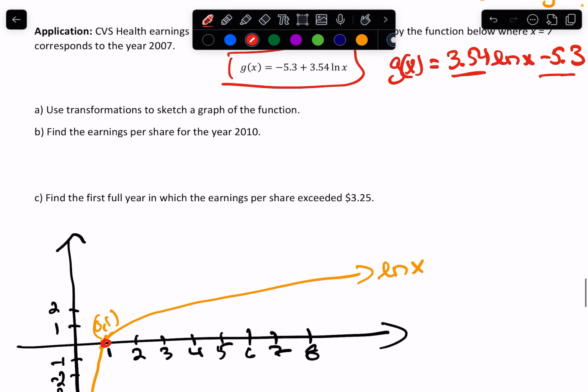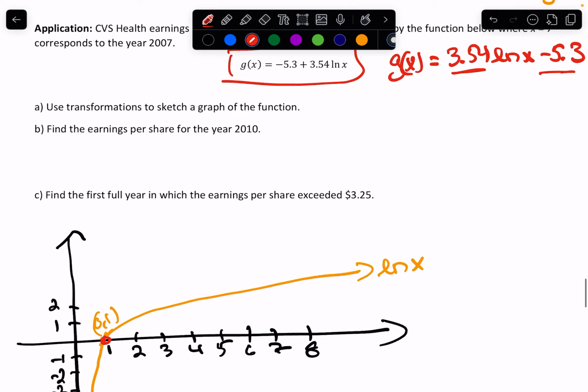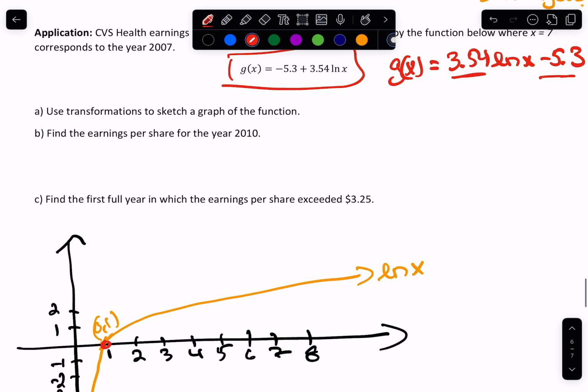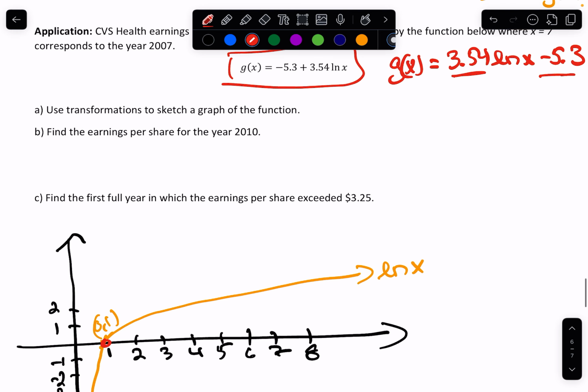We're not able to plug in a 0 here, because that will be a domain error.